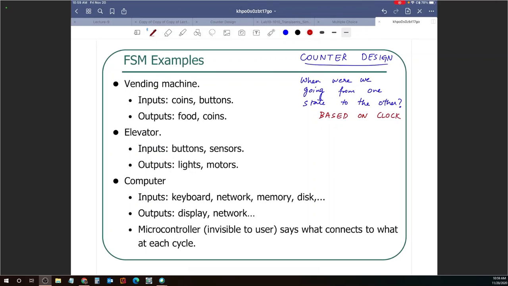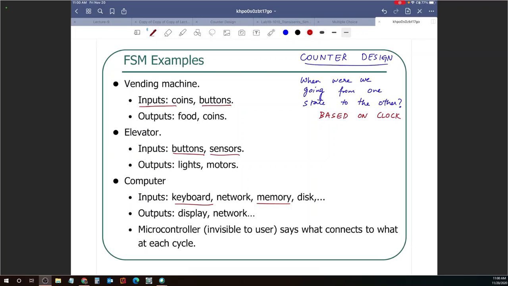Now, what if I say, let us design things that go from one state to the other, not based on a clock, but based on something real? For example, coins, pushing of buttons in an elevator, sensors in an elevator, keyboard input to a computer, memory in a computer.